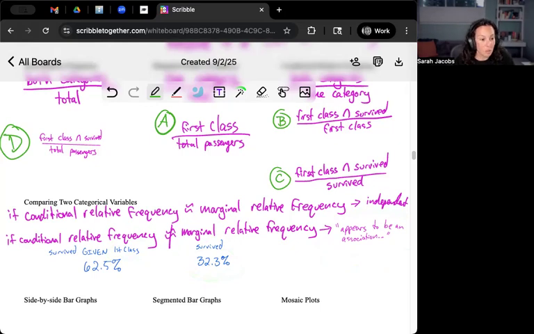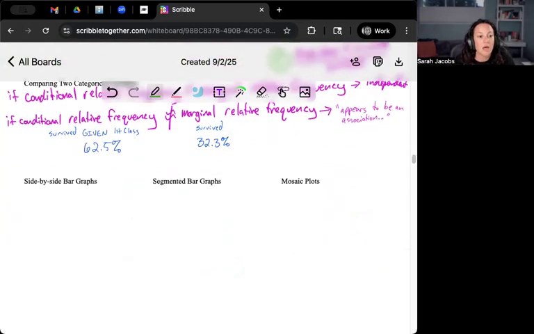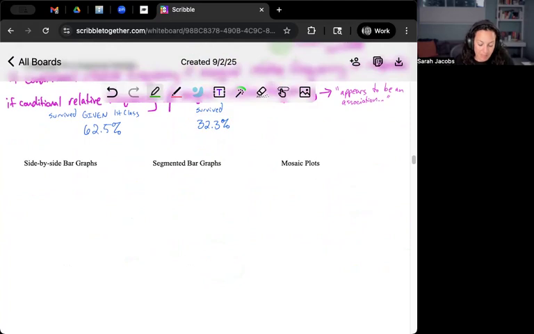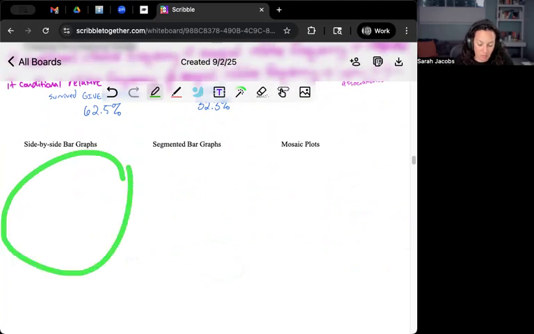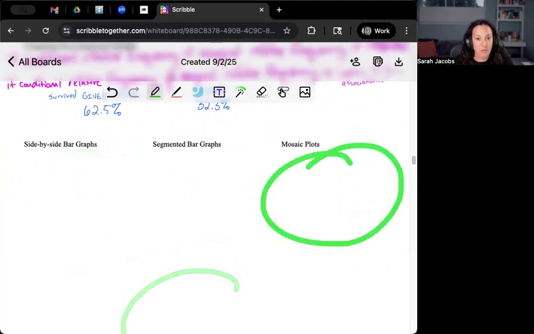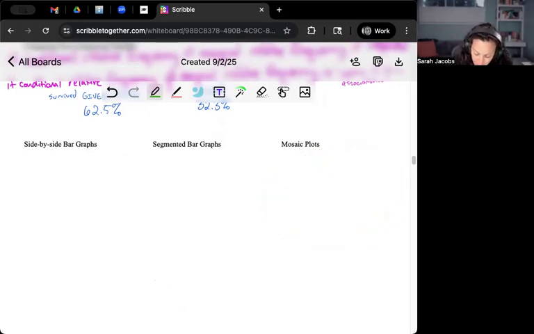Okay, good. So, what if we wanted to make a picture of all these things? All right, let's look at side-by-side bar graphs. And given the way that this page is spaced out, I'm going to do side-by-side and then segmented down here, and then mosaic plot up here. All right, so side-by-side bar graph. Bar graphs, like all graphs, should have nice labels. They should have reasonable scales.